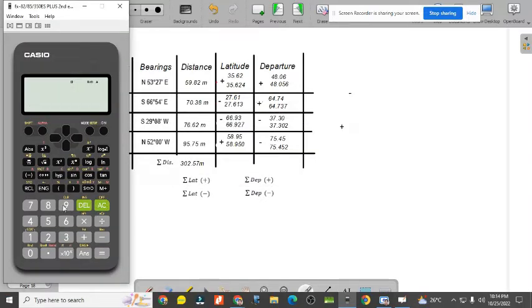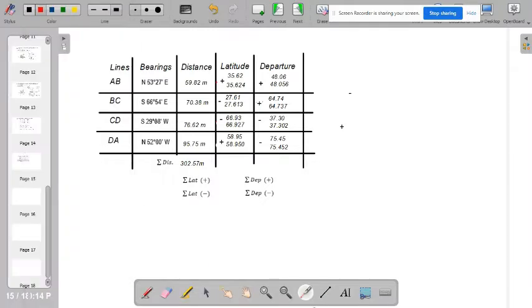So 35.624 plus 58.95, we have 94.574. And that is positive.